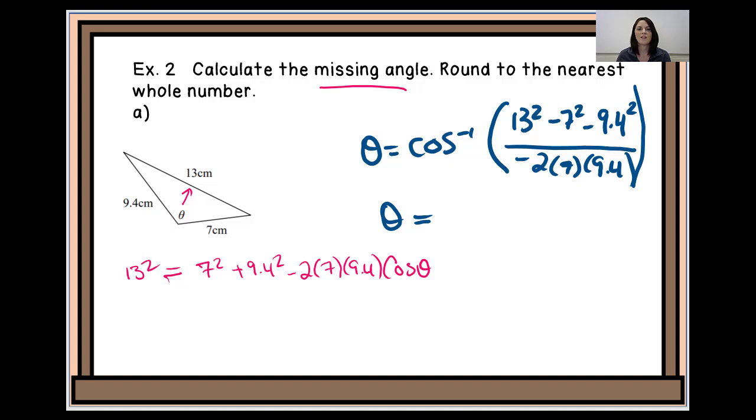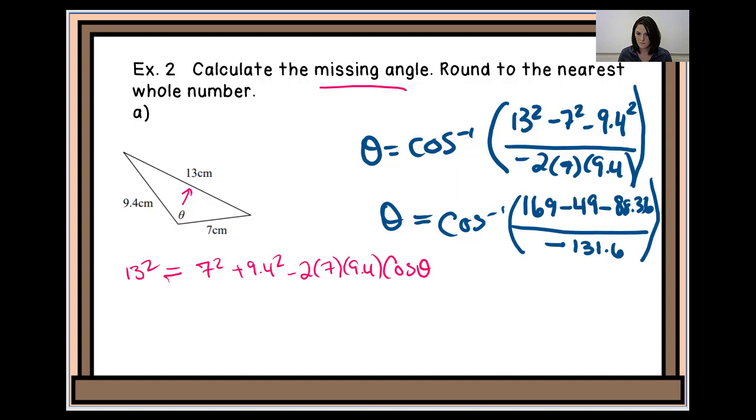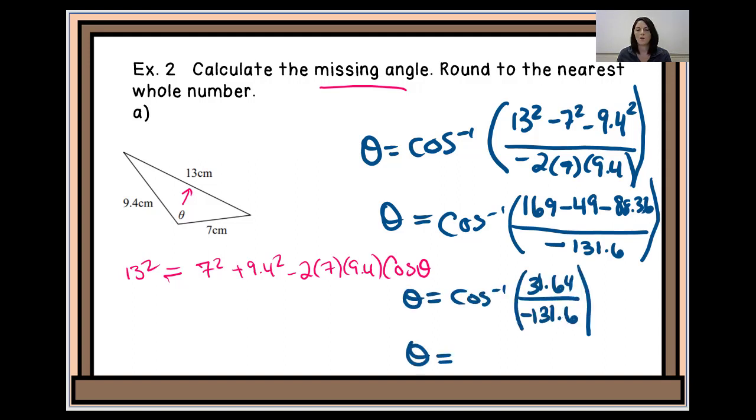Okay, so once you have everything substituted, you can go ahead and simplify, and we're going to solve for theta, and we're going to round to the nearest whole number. Simplifying inside the brackets, we have 31.64 divided by negative 131.6.